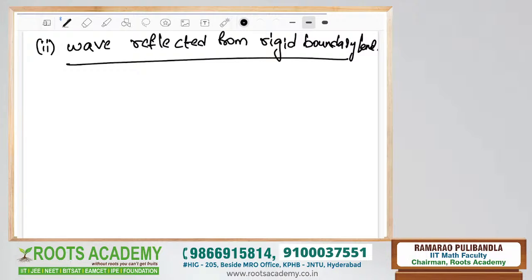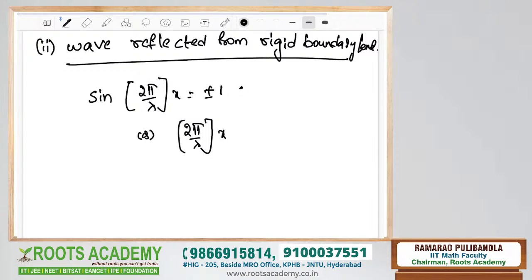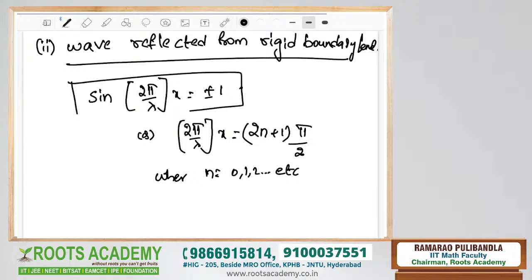In this case, the equation would be sine of 2 pi by lambda times x equals plus or minus 1, or 2 pi by lambda times x equals (2n plus 1) pi by 2, where n could be 0, 1, 2 and so on. This is the equation of the wave when it is reflected from the rigid boundary.